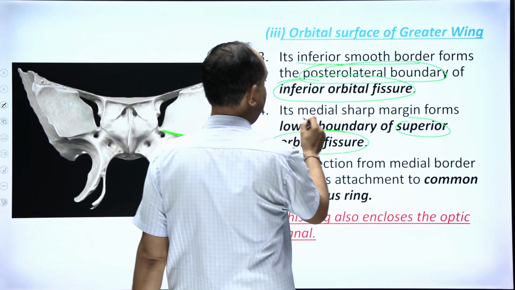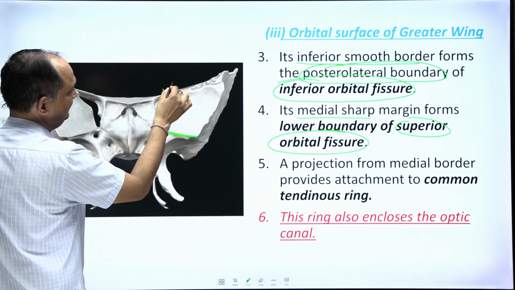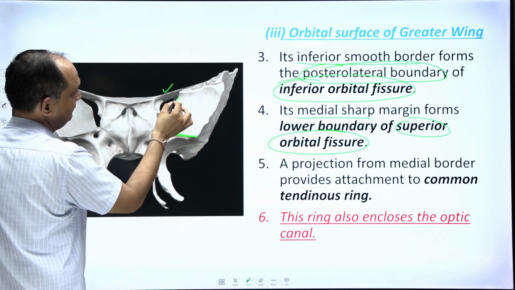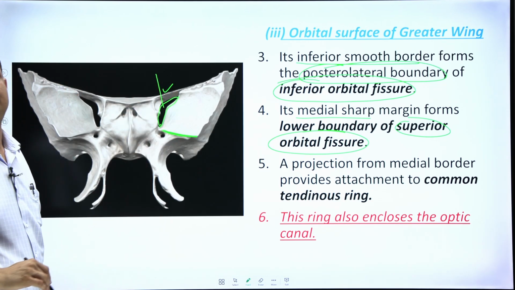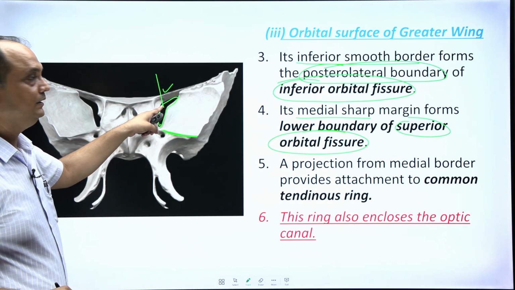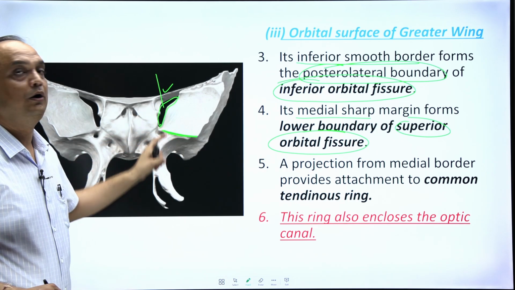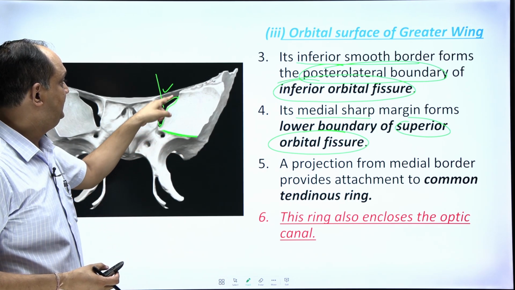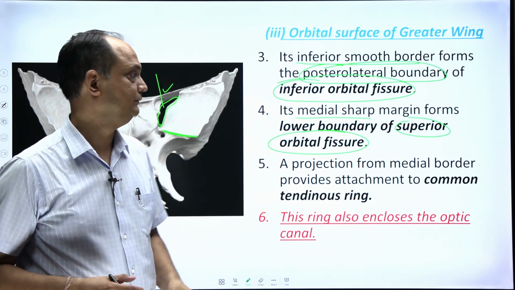Then the medial border: between the lesser wing and this medial border of the greater wing you will have a space known as the superior orbital fissure. Both fissures are bound by the inferior and medial borders of the orbital surface of the greater wing of the sphenoid.